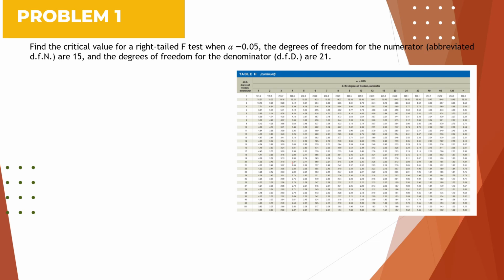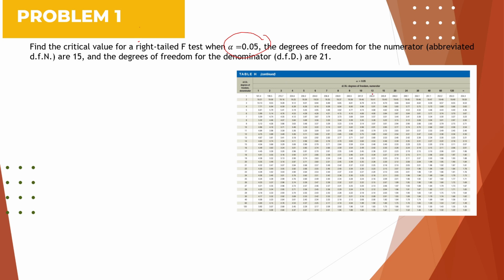In the F test table H, we are talking about alpha 0.05. The degrees of freedom of the numerator is 15 and the denominator is 21.